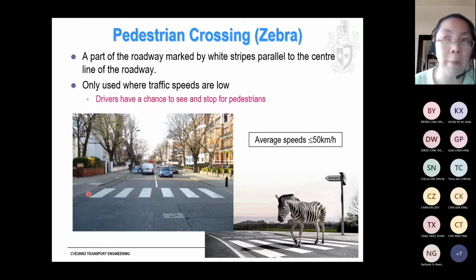Okay, those are pedestrian crossings at signalized intersections. All right, so this one is just purely zebra crossing. No traffic light, no traffic signals to regulate the movement. Yeah, so it's purely based on the drivers respecting these facilities and slowing down if they see a pedestrian crossing the road.